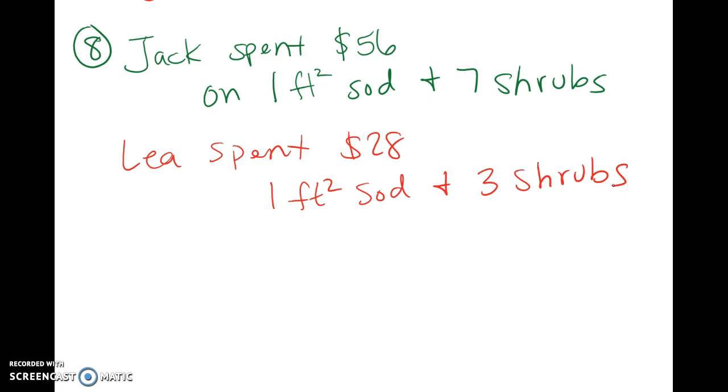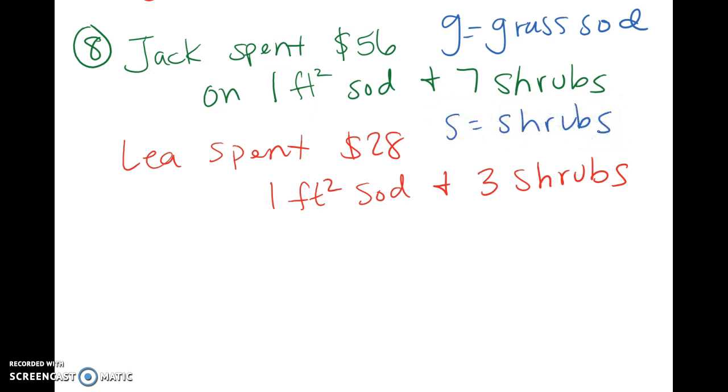So give me some variables you want to use for these. What did they purchase? Grass and shrubs. So you want to use G and S? Okay. So G is going to be the grass sod. And S is going to be shrubs. Okay.